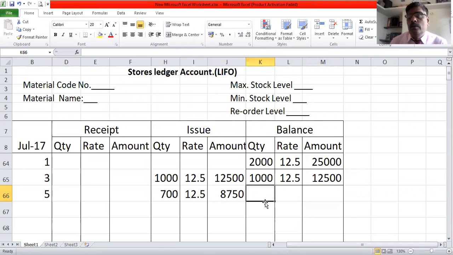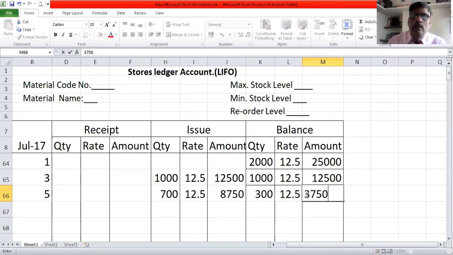Then out of 1,000, 300 is the balance at the rate of 12.50. You calculate 300 into 12.5, which is 3,750. Clear?